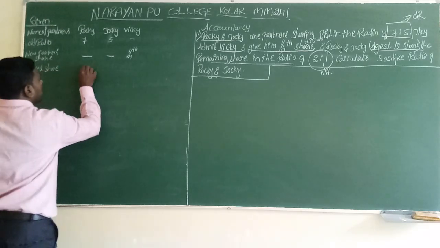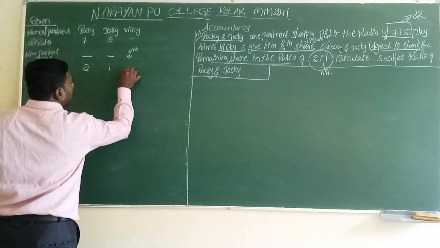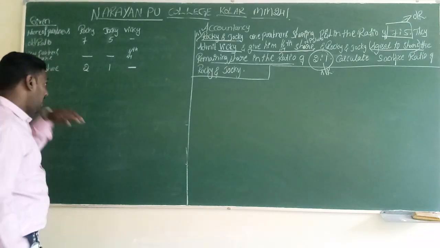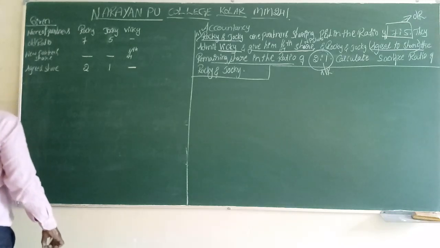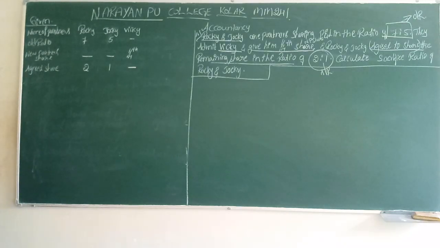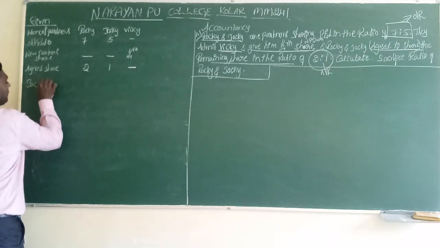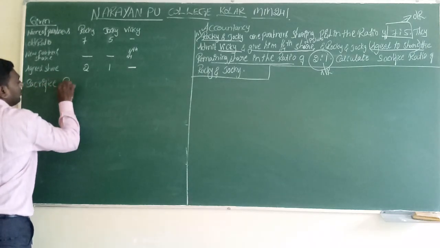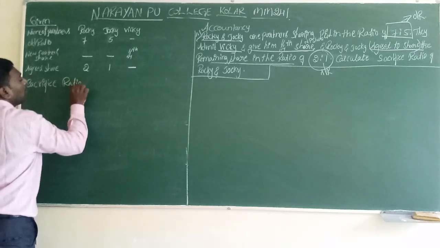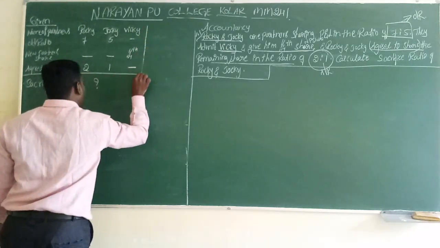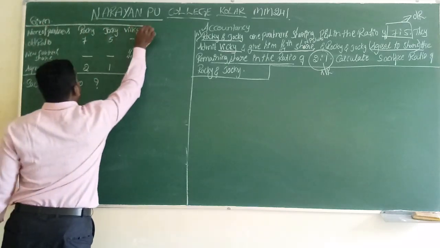That is first partner 2, second partner 1, third partner hyphen, since there is no information about the new partner. Finally, we have to calculate the sacrifice ratio, which is the question mark, not available in our question.